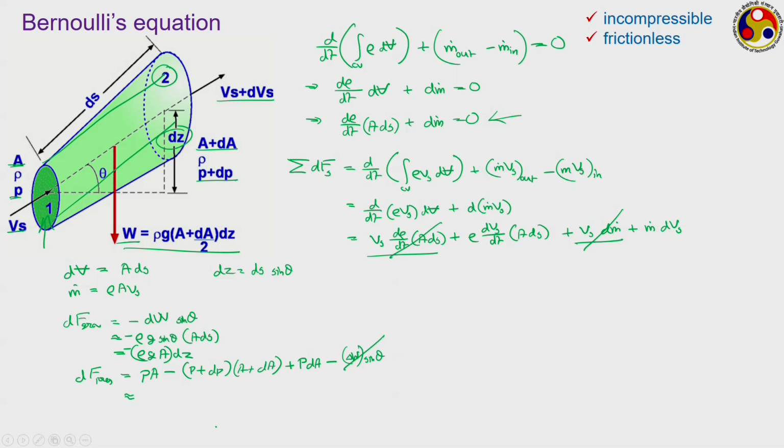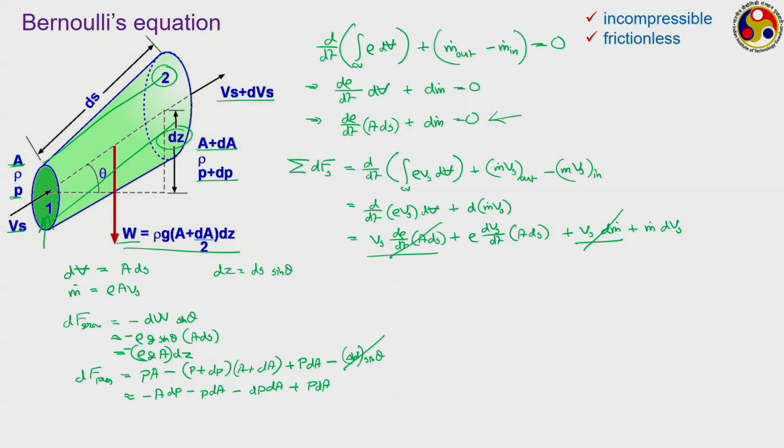So, if we now expand these terms, and the product dP dA can be quite small, we can write this as minus A dP, minus P dA, minus dP dA, plus P dA.